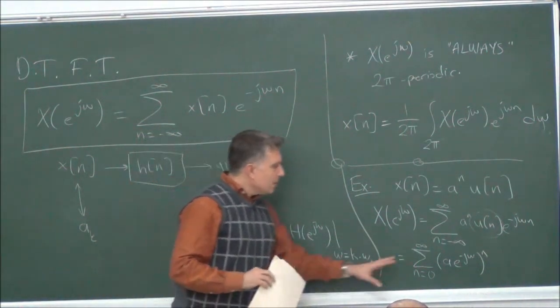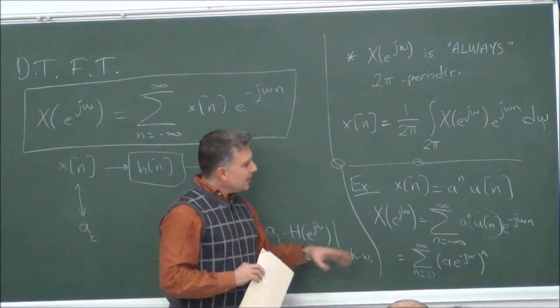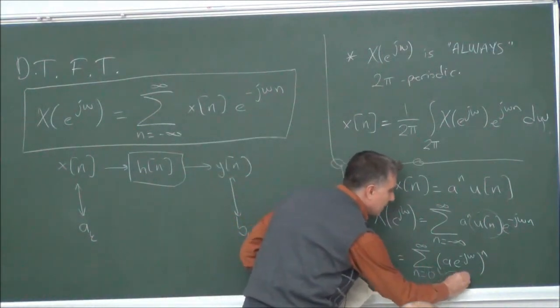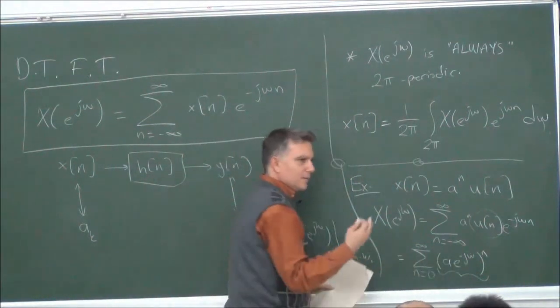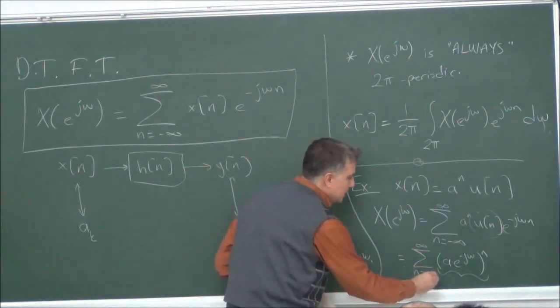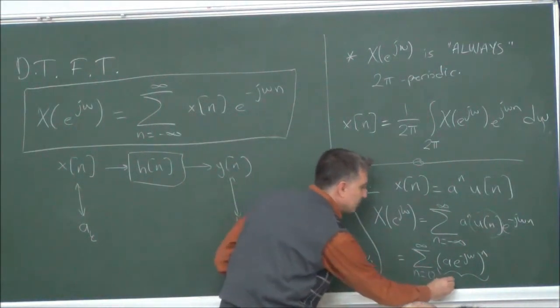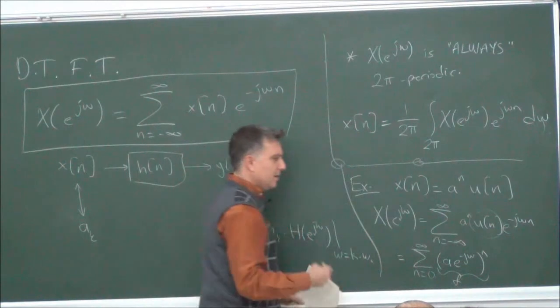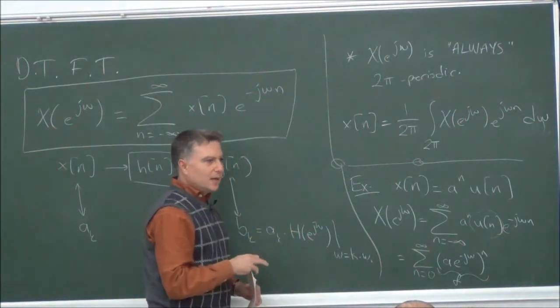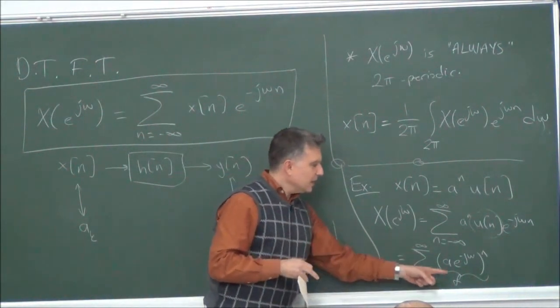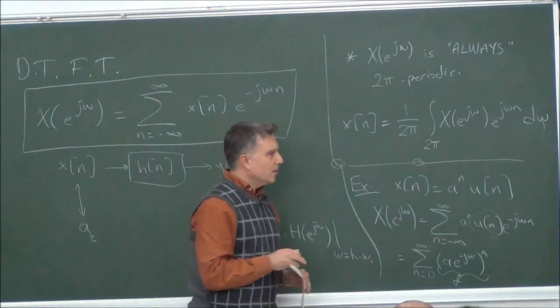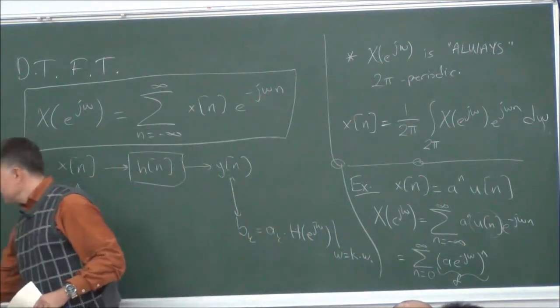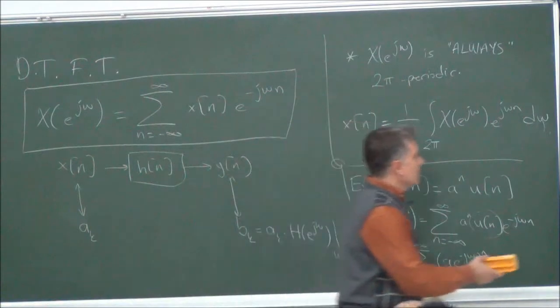Is it possible? Okay. So this is it. And that is this a times e to the minus j omega, whatever it is. Just give a name to it. Let's call it f. So it is f to the n. Summation from 0 to infinity, f to the n. We know what it is, right? It's an infinite power summation.